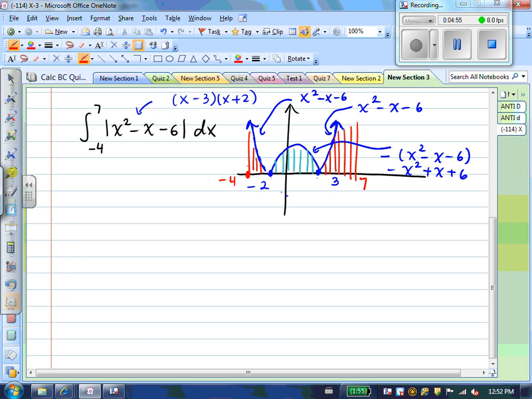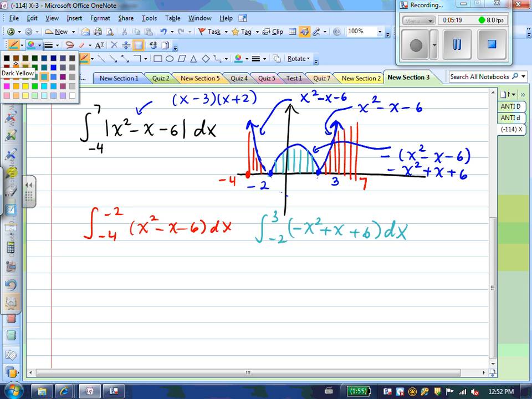Well, this first part is just going to be the integral from -4 to -2 of the ordinary graph, so the x squared minus x minus 6 dx. The middle part, however, is the flipped over version. So that's going to be the integral from -2 to 3 of -x squared plus x plus 6 dx.